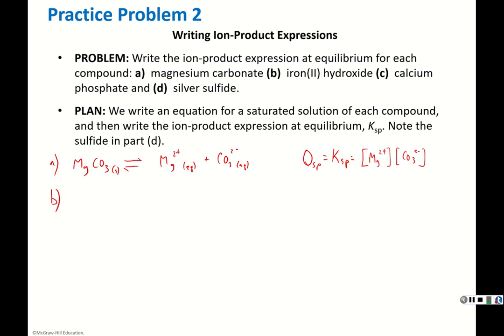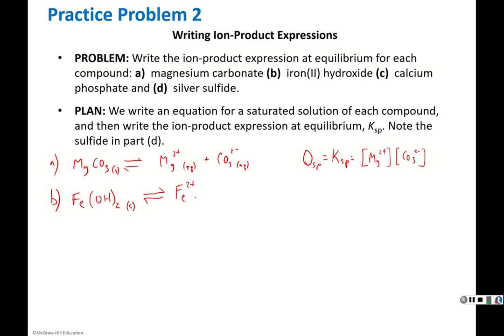Okay, B, iron(II) hydroxide. That 2 means iron has a +2 charge, because iron, a transition metal, can have multiple charges. OH minus always has a -1 charge, so we need 2 of them to balance that +2 charge on iron.